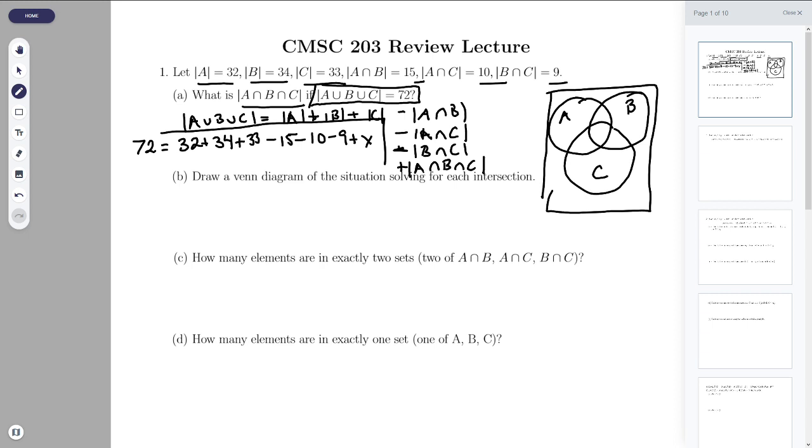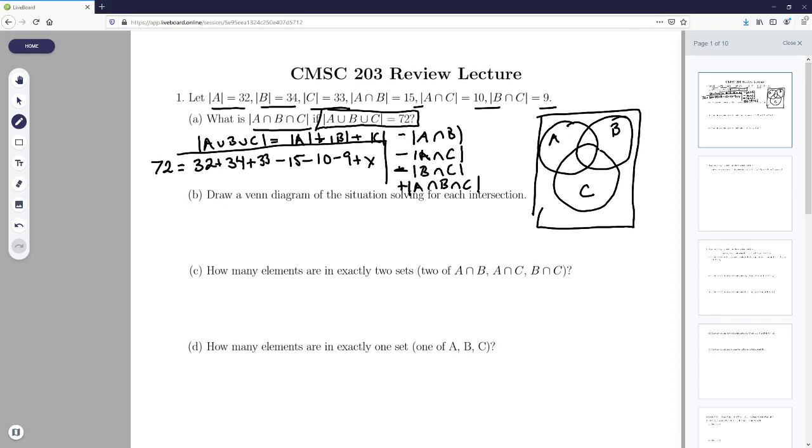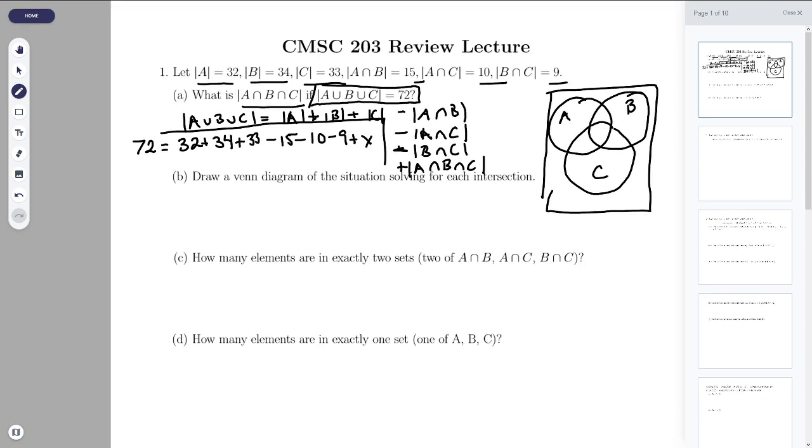I think I constructed this problem correctly, but I guess we'll have to see. Okay. So this basically says that 72 is going to be equal to 65 plus x. And so when we finally do the arithmetic here, 72 minus 65 is 7.